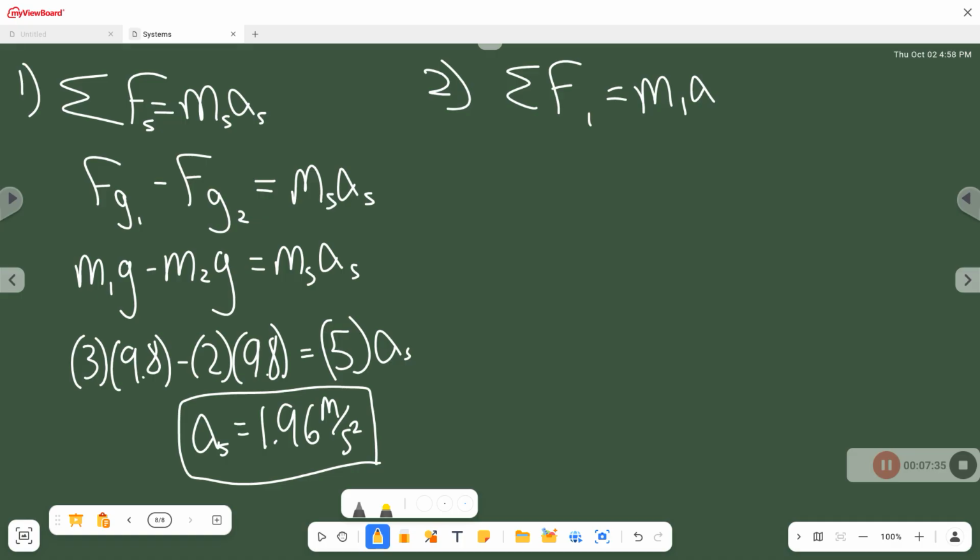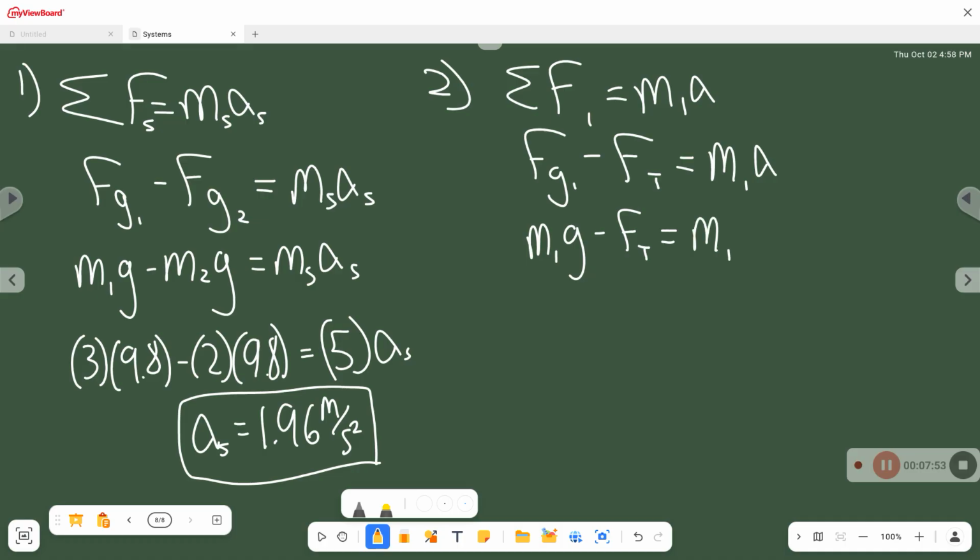So I'll have a positive force of gravity and a negative force of tension, equals the mass of the object times the acceleration. So we have m1 times g minus that force of tension we're solving for equals m1 times a. Now I can plug in my numbers here.